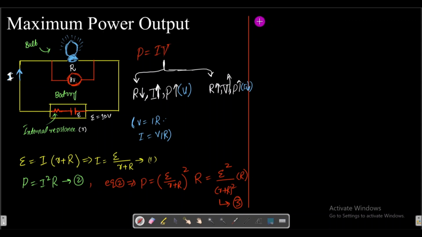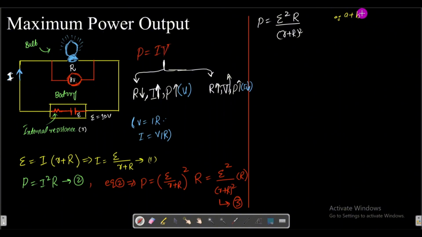So P is equal to the electromotive force whole square divided by r plus R whole square, into R. Now this is equation 3, and here we have the (A plus B) whole square formula. So let's explore that.